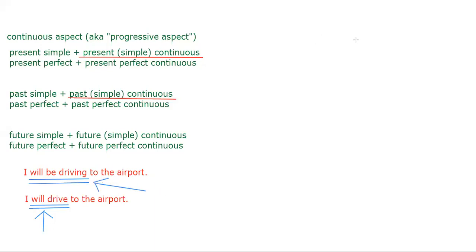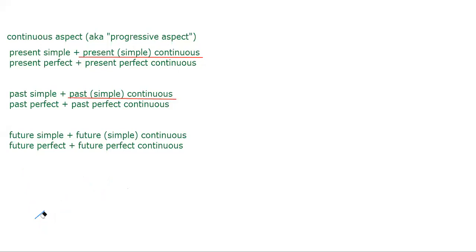So one is ongoing, the other is not. Oh, what the heck? Yeah, it will take some time to complete, basically. That's those. I can't really say much more than that. And that was the future simple continuous.